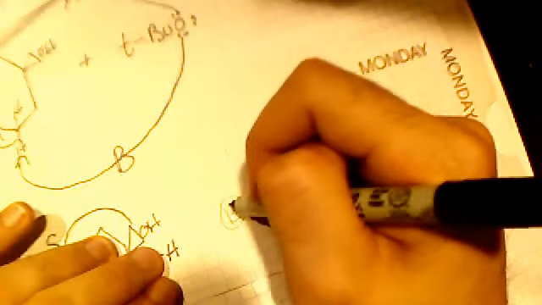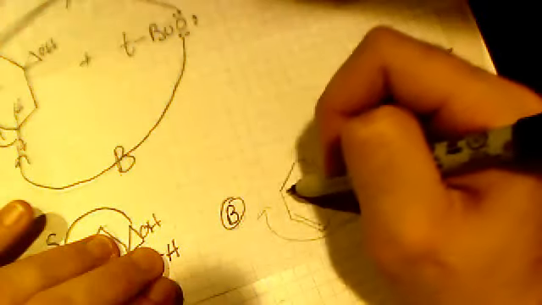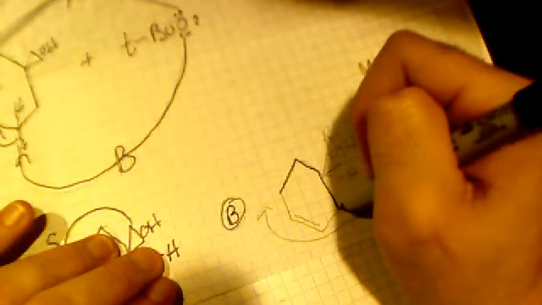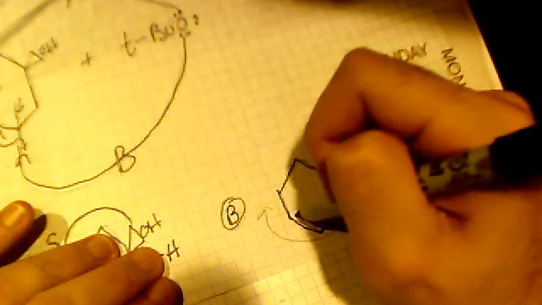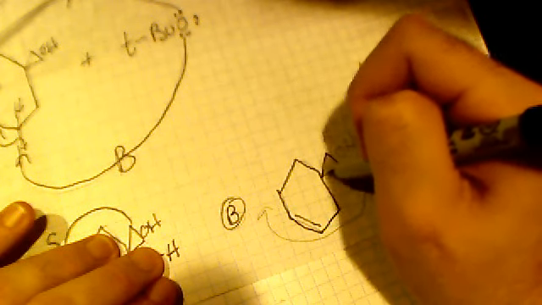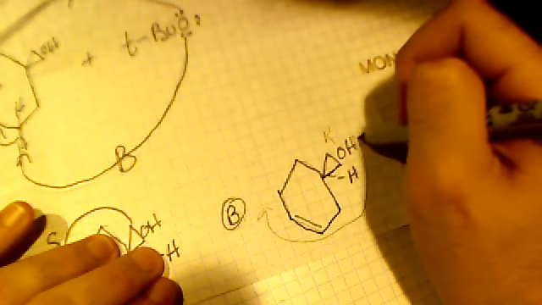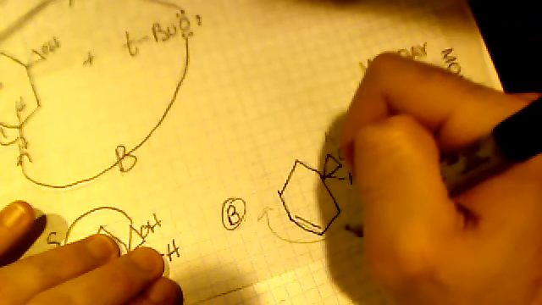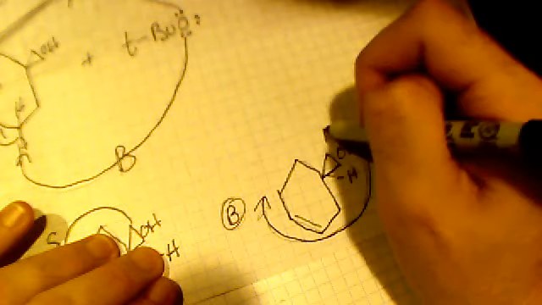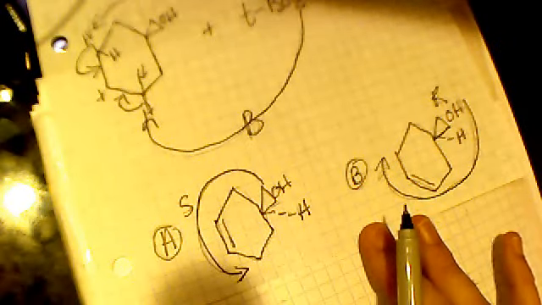So this is the S molecule. And then by the B route of the mechanism, we get this molecule. And the quickest way to get there is to go clockwise. So this is R. And that's how it works.